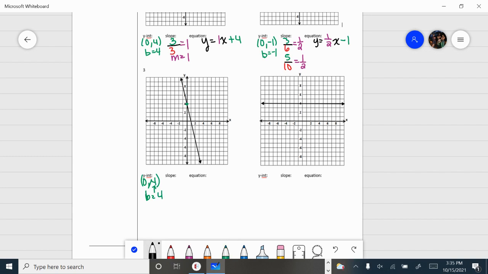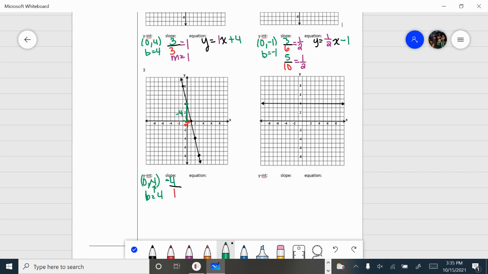I've got points here at (-1, 8), (1, 0), (2, -4), and one down here at (3, -8). So for my y-intercept, if I go down 4, I go right 1. So 4 over 1.